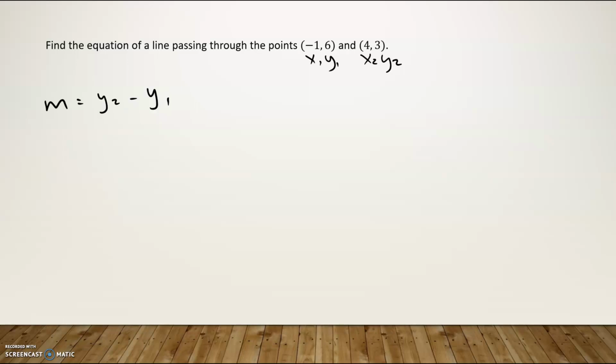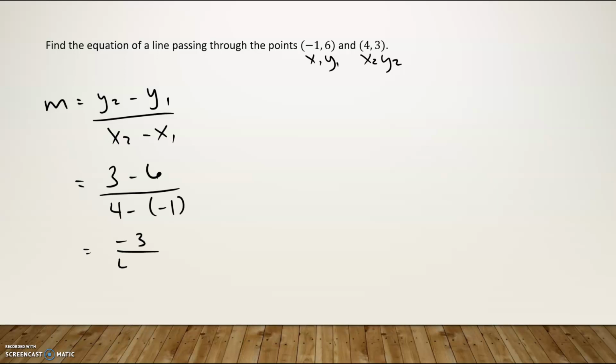So y sub 2 minus y sub 1 over x sub 2 minus x sub 1. So that would be 3 minus 6, 4 minus -1. So that would be -3 over 4 plus 1. So -3 over 5 for our slope.